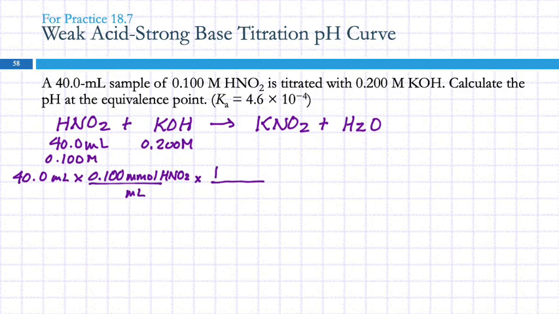And then we've got 1 millimole of KOH to 1 millimole of the acid. And then we're going to go to milliliters of the KOH solution. So the KOH is 0.200.